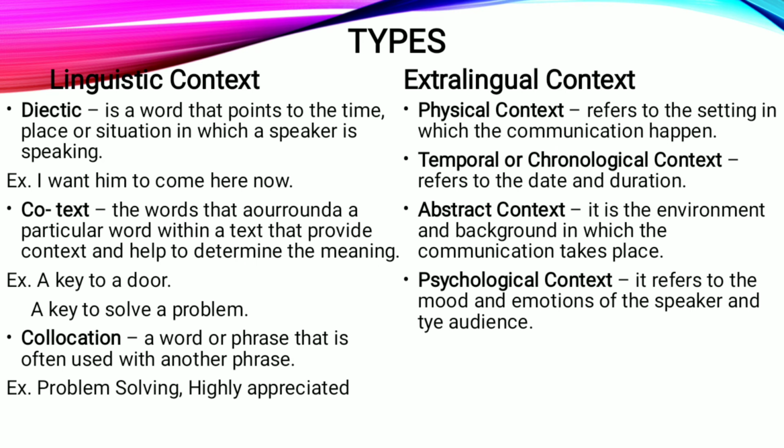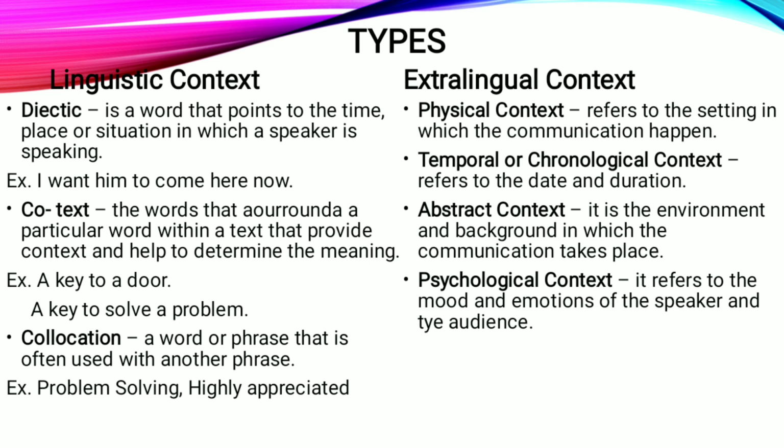Another one is the temporal or the chronological context. Chronological context refers to the date and the duration. It refers to the time in which the communication takes place. Another one, we have the abstract context.